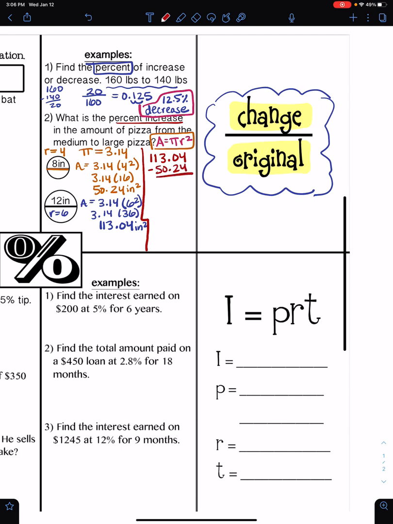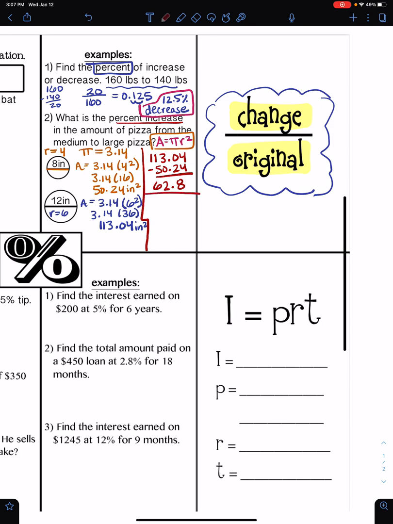And that'll give us the change in the amount of pizza. So I'm going to put that into my calculator real quick. And it changed by 62.8. So when I got the large pizza, I got 62.8 square inches more pizza than I would get with the medium.